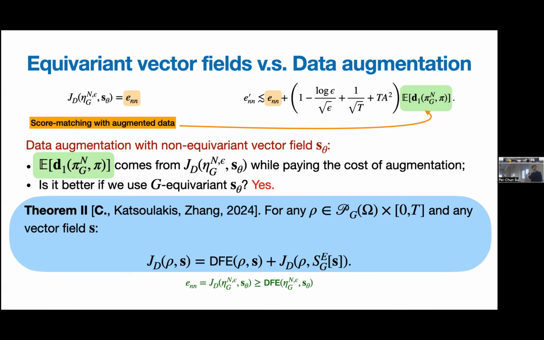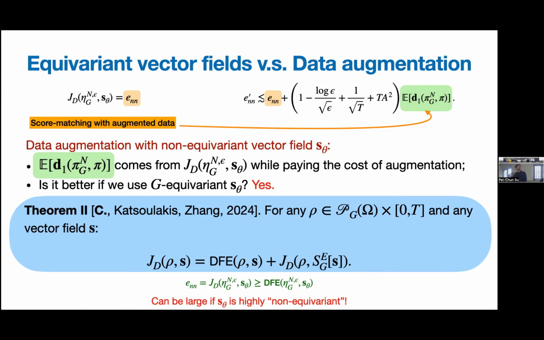Because we know this DFE is always non-negative, since it is a weighted L2 norm expanded in conditional expectations, we have this E_NN, which comes from the score matching with this symmetrized data. So E_NN equals this, such that it has a lower bound given by the DFE.